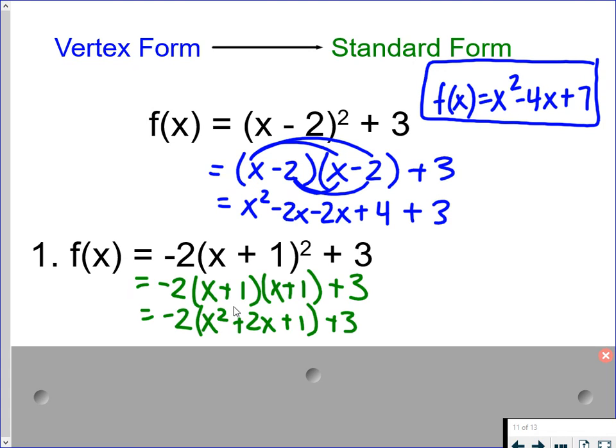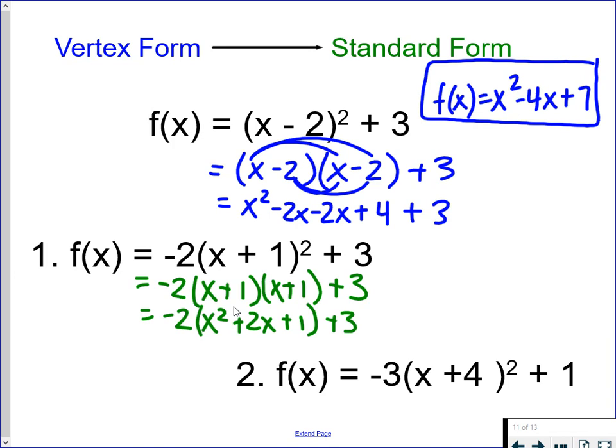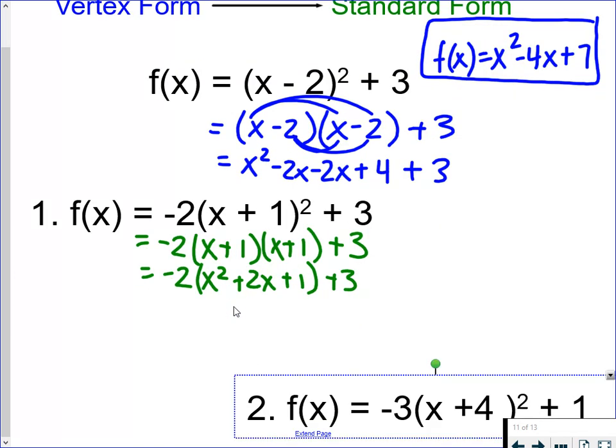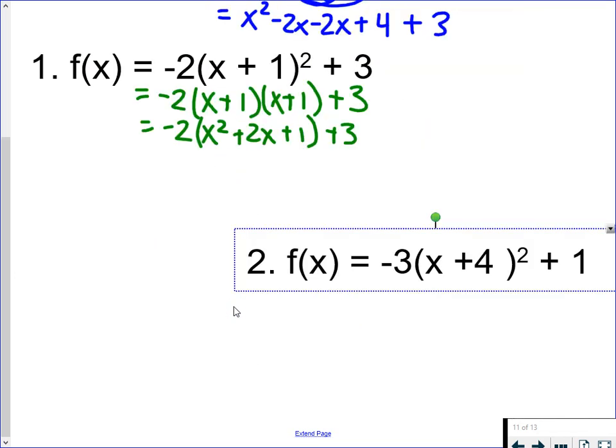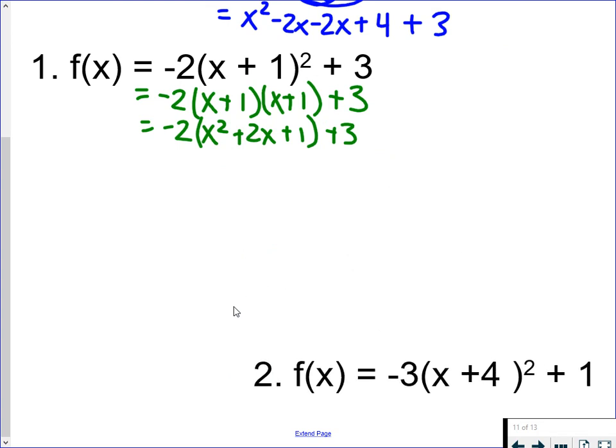So let me move this away. Okay, there we go. So negative 2x squared plus 4, whoops, negative 4x minus 2 plus 3.